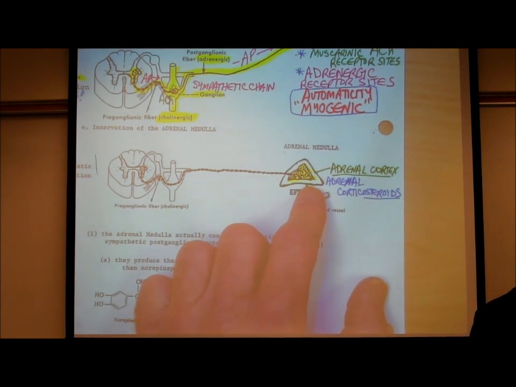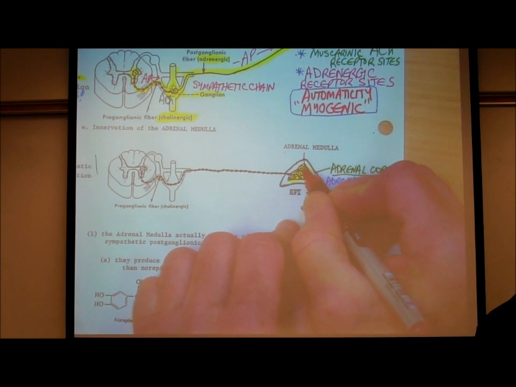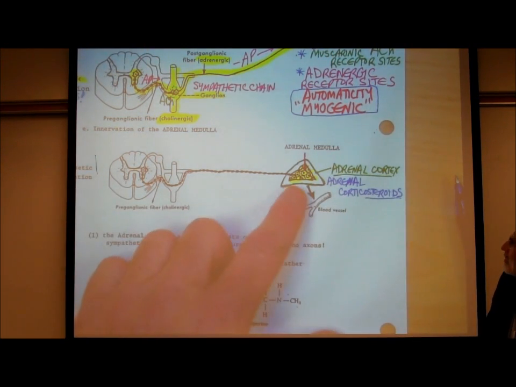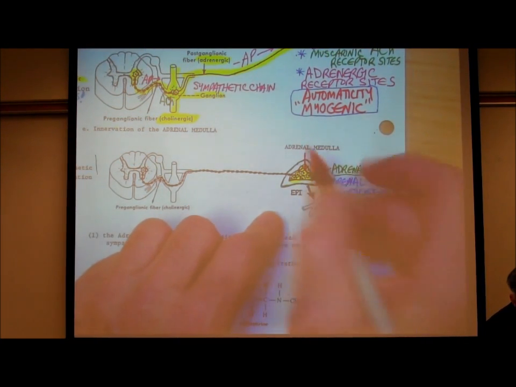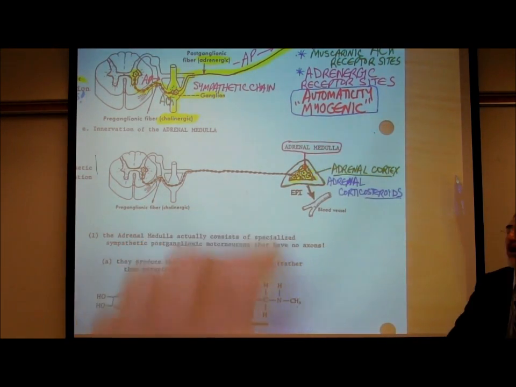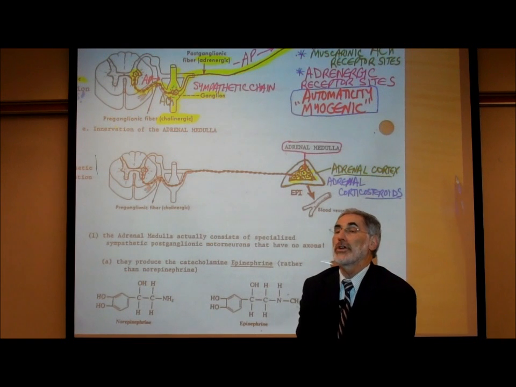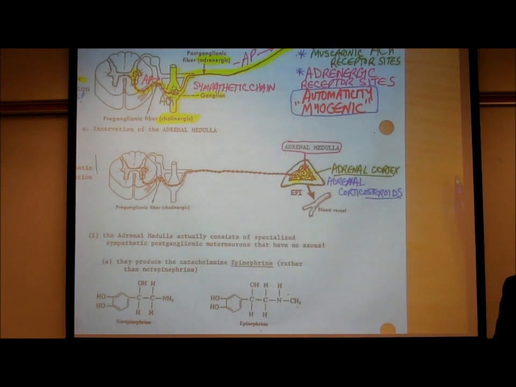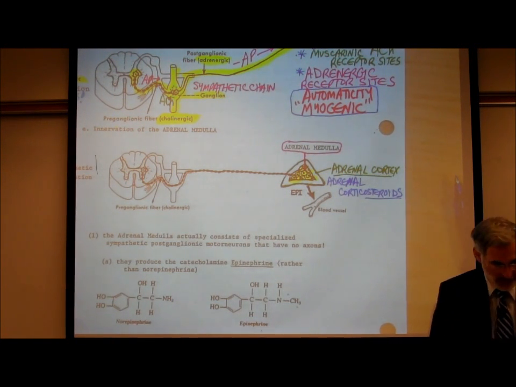The adrenal medulla. Now, what does medulla mean? The medulla means the inside, the inner part. The inner part of the adrenal gland is called the adrenal medulla. What do we call the innermost part of your brain? The medulla, or medulla oblongata. The inner part of the adrenal gland is called the adrenal medulla.